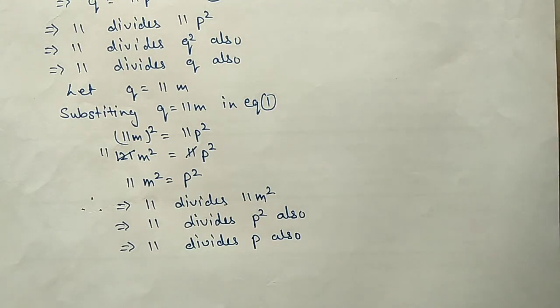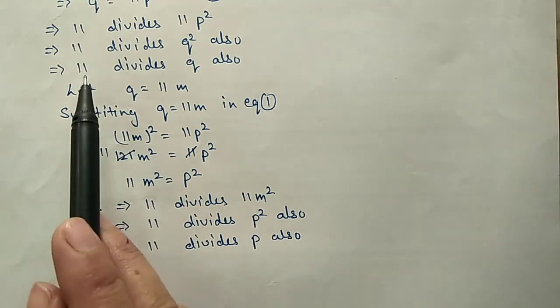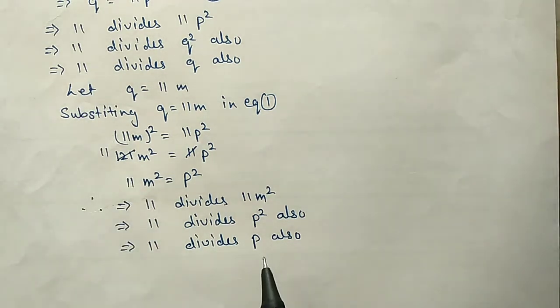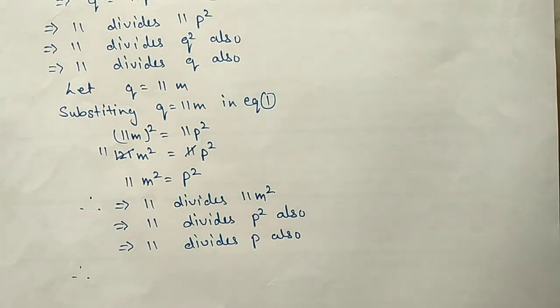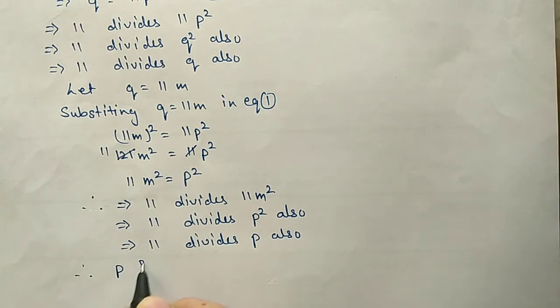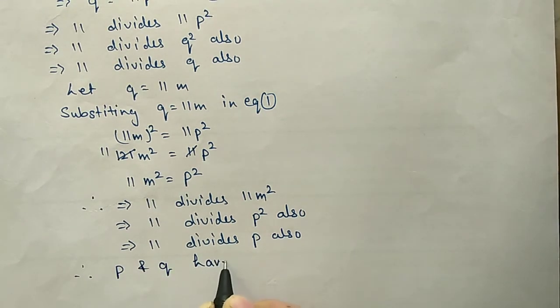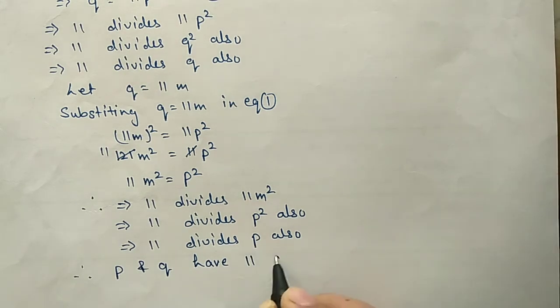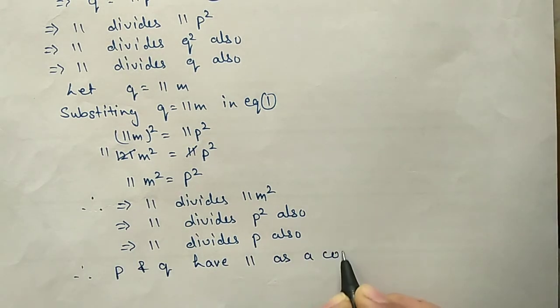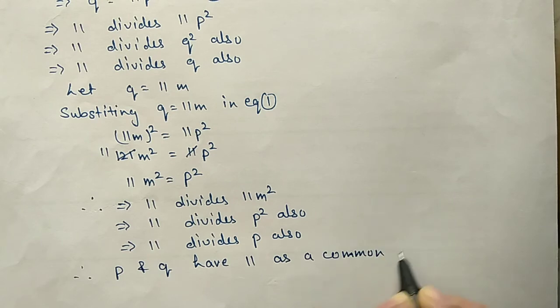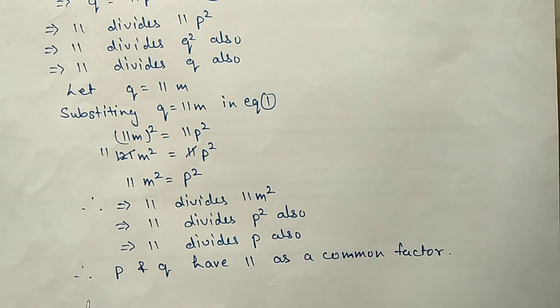It means p and q have 11 as a common factor, because q is also divisible by 11 and p is also divisible by 11. Therefore p and q have 11 as a common factor. But at starting we have taken that p and q have no common factor. So both the conditions are different.